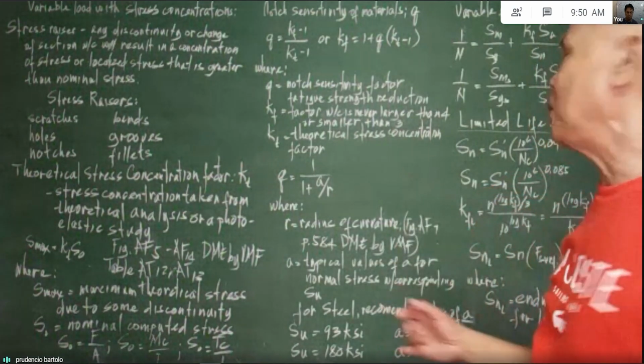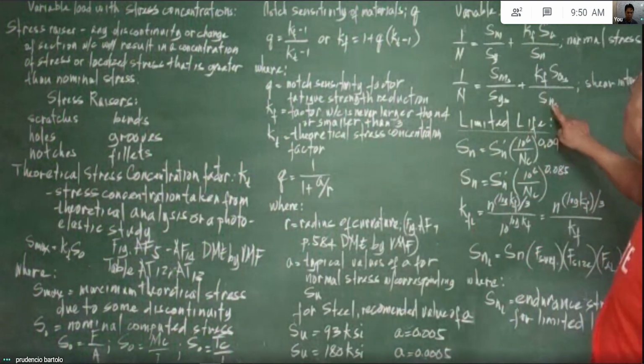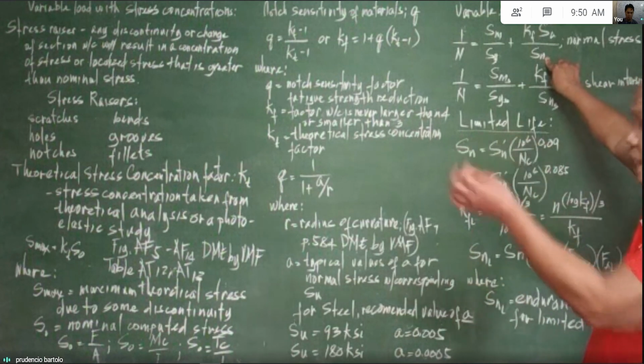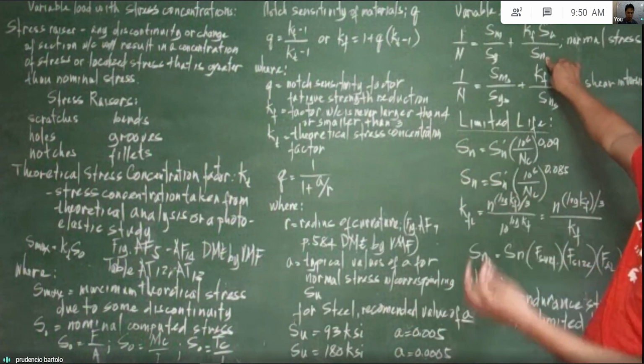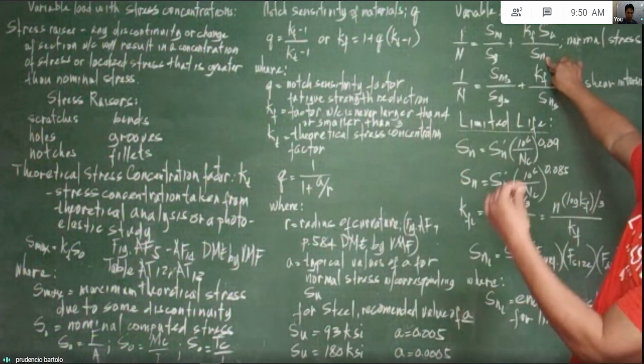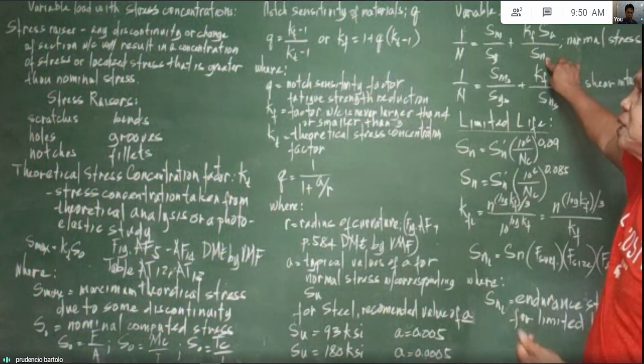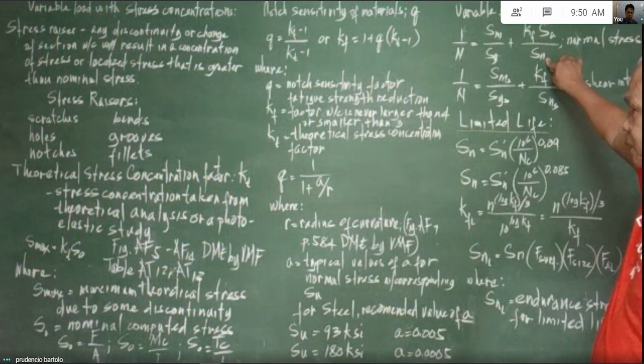Now, take note of considering the endurance strength. The endurance strength in here will still be the same endurance strength that we have taken for variable loads without the stress concentrations.